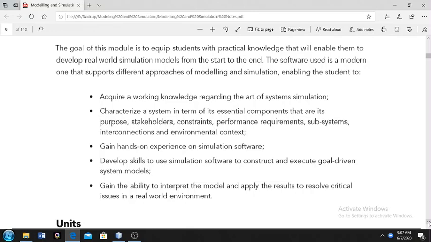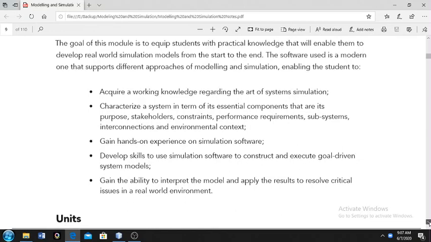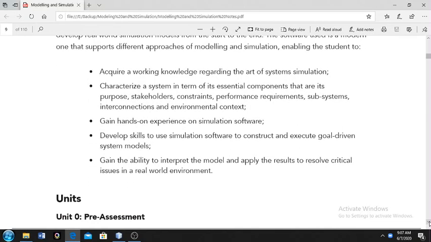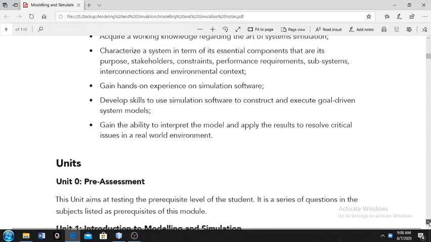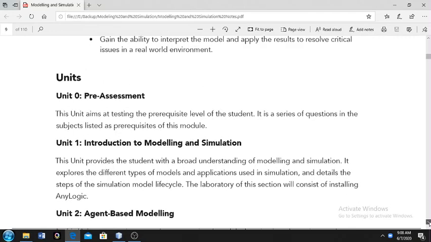Gain hands-on experience on simulation software. Develop skills to use simulation software to construct and execute goal-driven system models. Gain the ability to interpret the model and apply the results to resolve critical issues in a real-world environment.